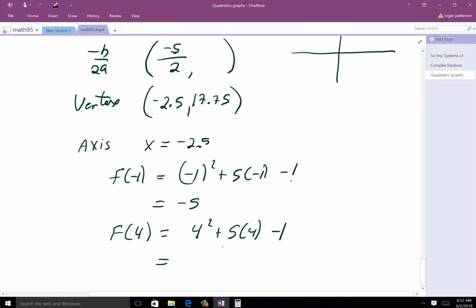There have a bunch of questions like that. I probably wouldn't ask that type of stuff. Like I said, I'm more interested in vertex, x-intercepts, sketch the graph, write in vertex form, and we'll do all that too today. But this is what they're asking, so we'll do it like that. Okay. Questions on that part?